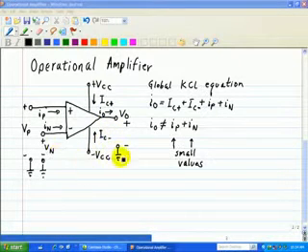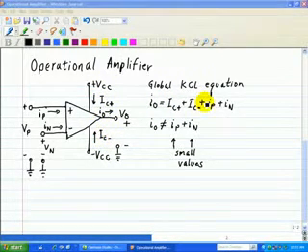When we do a global KCL equation associated with the op-amp, the outgoing current is equal to the incoming currents. We have IO is equal to IC plus, IC minus, plus IP, plus IN. Again, the outgoing current is equal to the incoming currents.